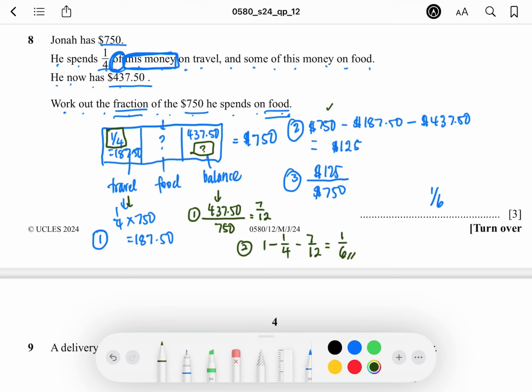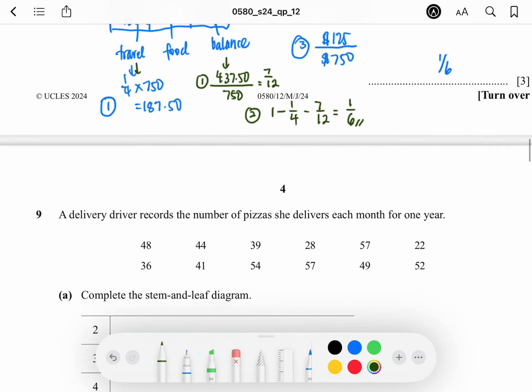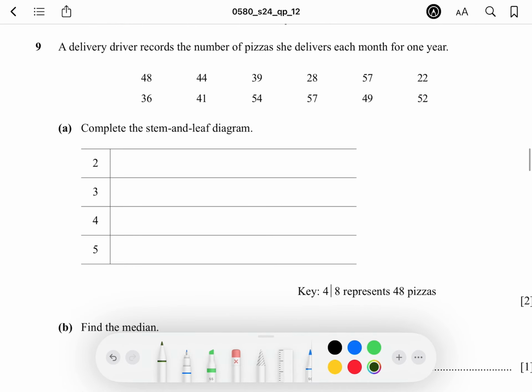Good. Total angle 360. Semua kiraannya sama. Kalau in normal circumstances, yes, cross multiply will help. However, in this case, bukan itu yang ditanya. Okay? So, in this case, other method will be useful. Okay. Ani pun Alhamdulillah.